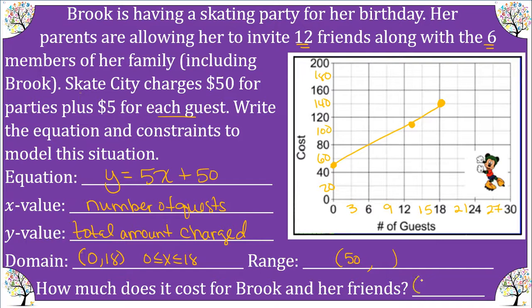So with 13 people, that's her 12 friends plus her, it's going to cost 115. And our maximum amount we said was 140. So the total amount of cost, Y, is somewhere between 50 with 0 guests and 140 with all 18 guests.